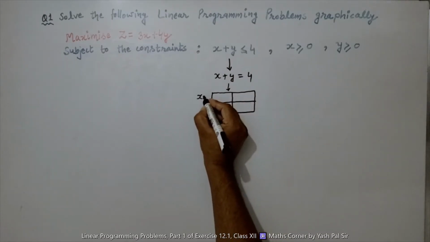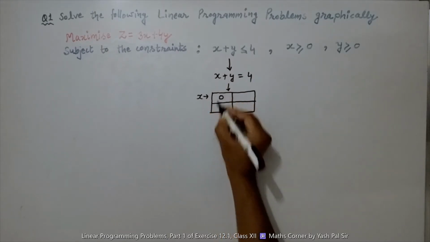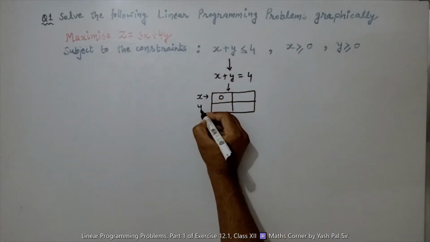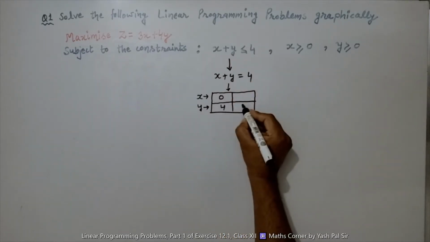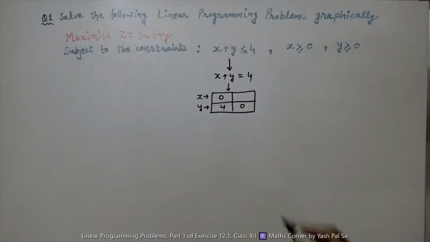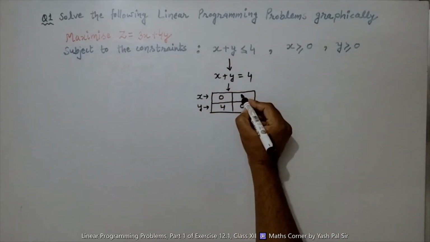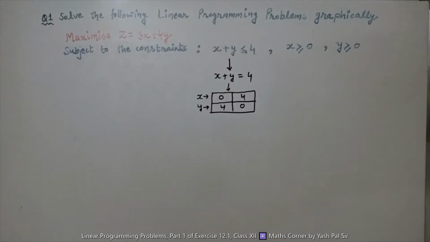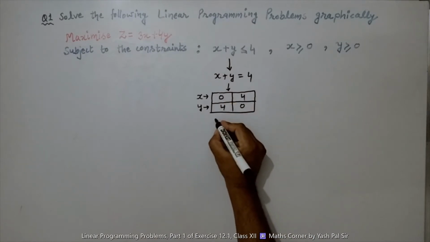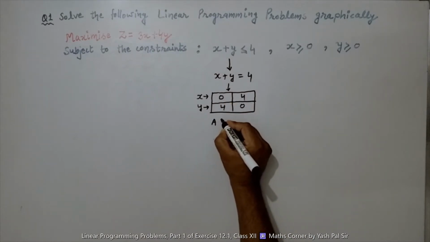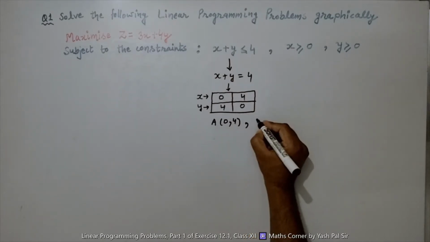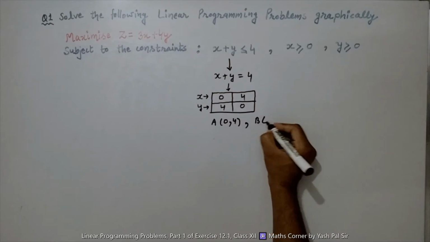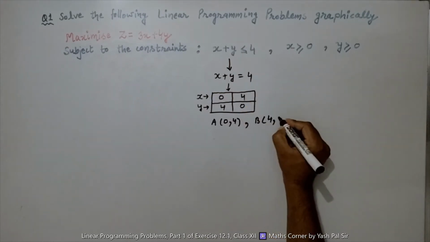If we take x equal to 0, then the corresponding value of y is 4. Similarly, if we take y equal to 0, then x becomes 4, right? Now we draw these values. The first point is A, x is 0, y is 4. The second point is B, x is 4, y is 0.